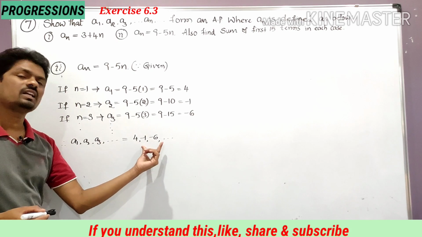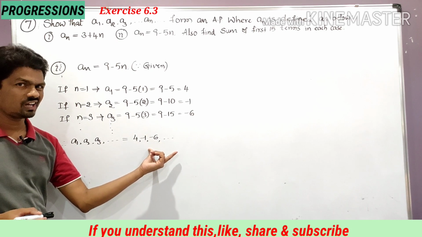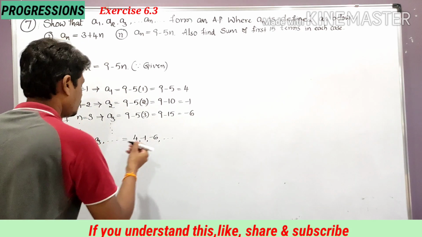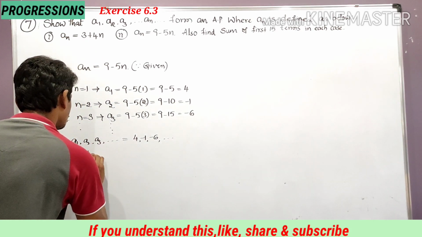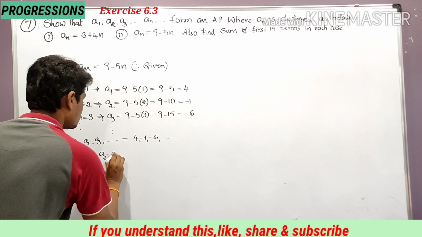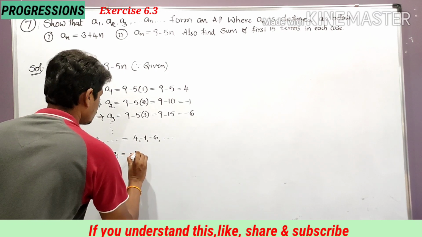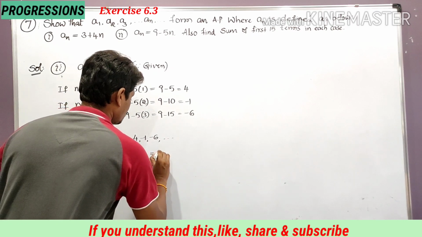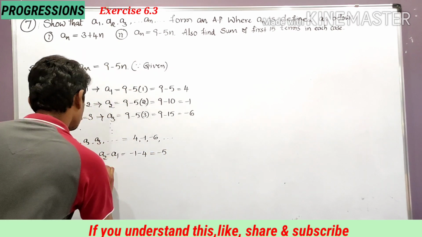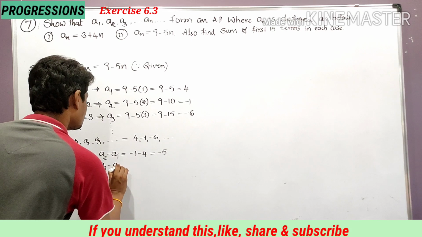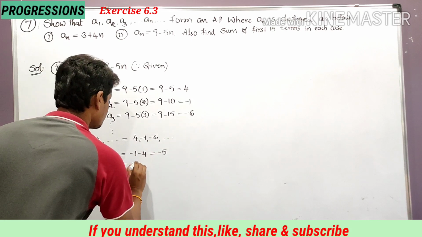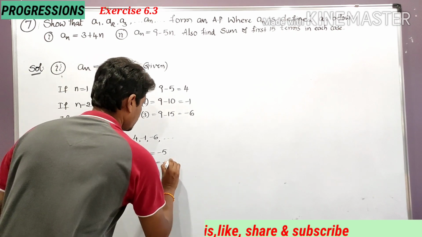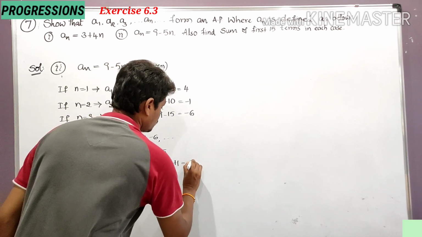Now we have to check whether it forms an arithmetic progression or not by finding the common difference of the successive terms. So d is equal to a2 minus a1. a2 is minus 1, a1 is 4, so minus 1 minus 4, which is minus 5. In the same way, a3 minus a2: a3 is minus 6, minus a2 which is minus 1, that is minus 6 plus 1, which is minus 5.